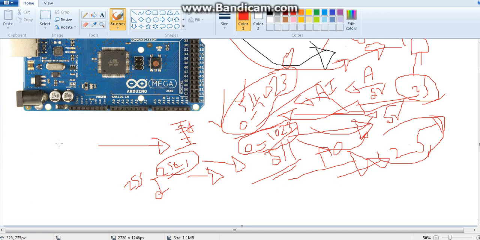So remember, when it comes to input, the input voltage will be divided into 1024 units. But when I am giving an output, Arduino will divide the maximum voltage you are capable of giving, that means 5 voltage, into 256 units, not 1024 units. So this is a very important thing when it comes to analog input and output.